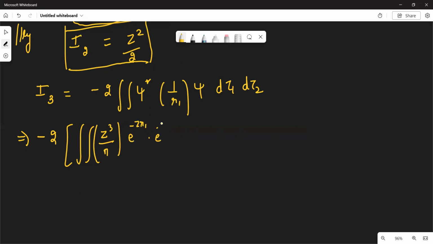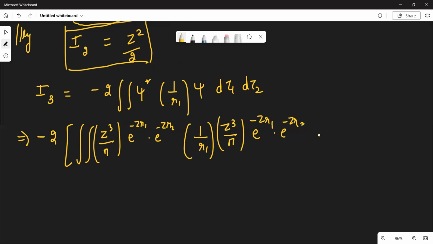I'm splitting the exponential part. Then 1 by r1. Again wave function z cube by pi, and exponential, again I'm splitting the exponential. And we have d tau 1 which is 4 pi r1 square and 4 pi r2 square dr1 dr2.